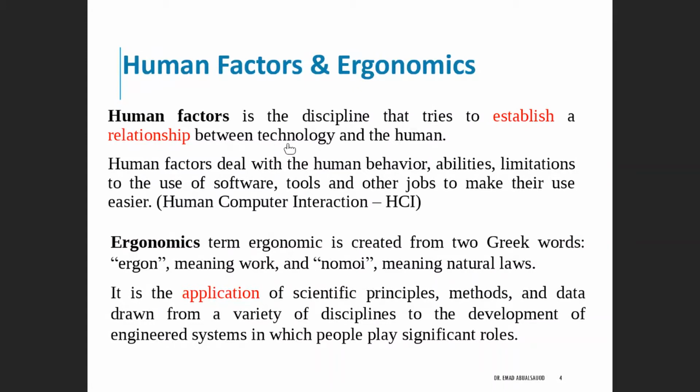For example, the interaction between a machine and you as an engineer is considered part of the study of human factors: the difficulty and simplicity of the interaction, the safety during the interaction, and your behavior during the interaction.